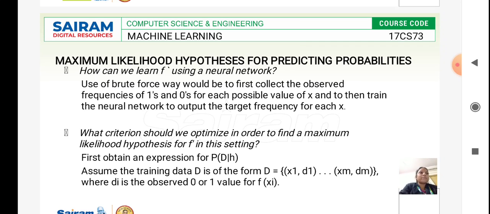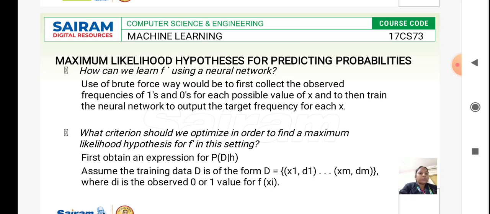For example, if the frequency is more with tail, I train the machine to have the target function as tail. If the frequency of occurrence of head is more, I train my machine to have the outcome as head. So this is the way of implementing a maximum likelihood hypothesis using the probability concept.